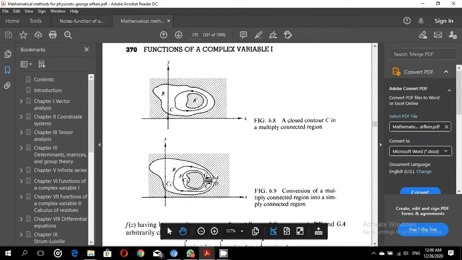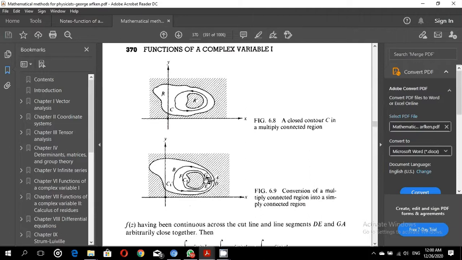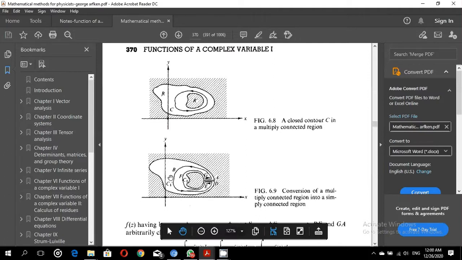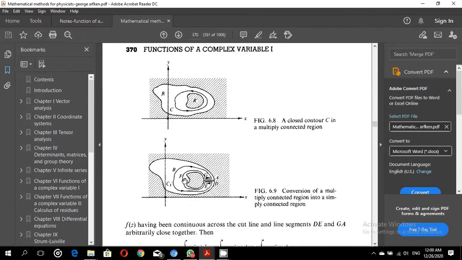Now we travel from the point E through the point F to the point G, just on the opposite side of this cut line, and then we travel back to the point A. So we have modified our contour, consisting of a larger circular path, two horizontal paths, and another closed path around the problem region.